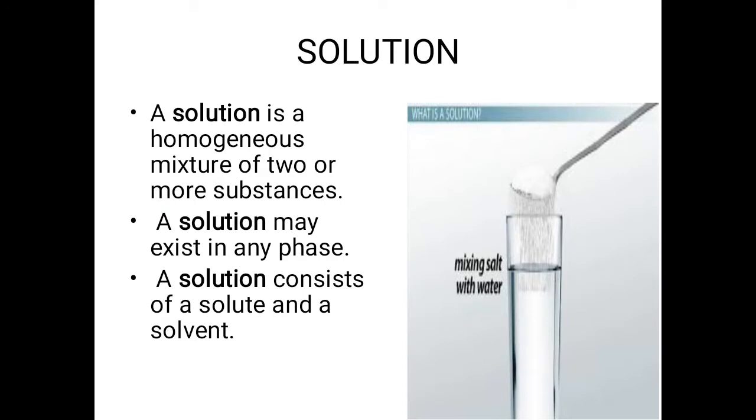First, we cover the definition of solution. A solution is a homogeneous mixture of two or more substances. When we make a solution, we need to mix substances. Homogeneous means when we mix substances, those substances are equally and evenly mixed.